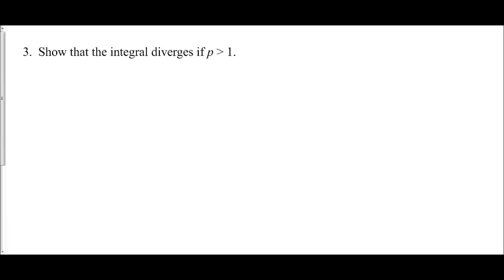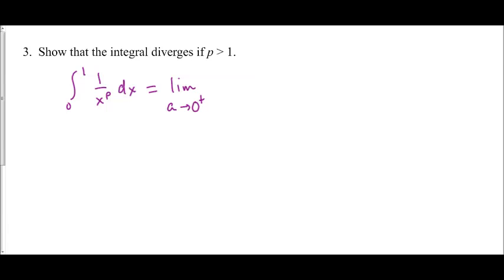Part 3 says, show that the integral diverges if p is greater than 1. So again, we're going to have our integral from 0 to 1 of 1 over x to the p dx. Again, because of our infinite discontinuity at 0, this is an improper integral, and we're going to have to introduce a limit as a goes to 0, again from the positive side, because we're looking at that integral from 0 to 1.